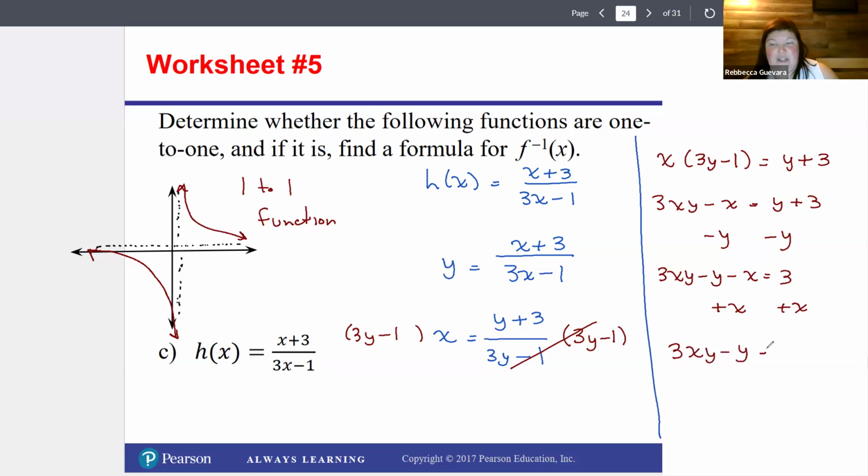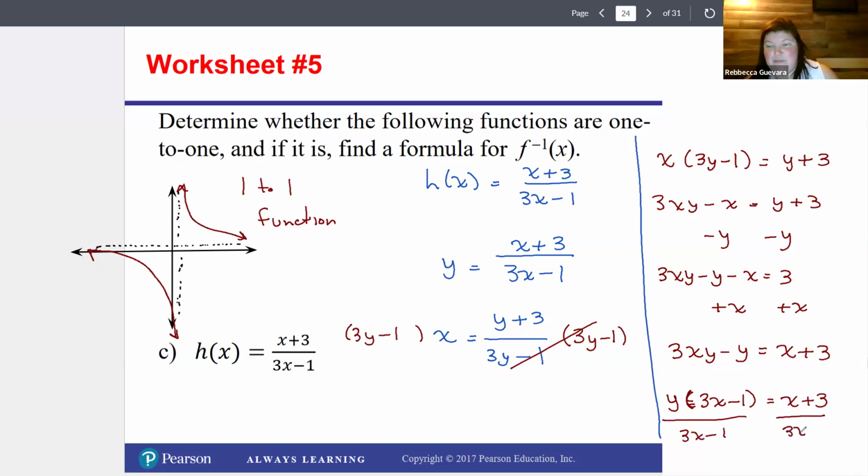So I can do this factoring here in a moment. So this is x plus 3. If I pull out y, I'm going to be left with 3x minus 1, x plus 3. Divide both sides by 3x minus 1.